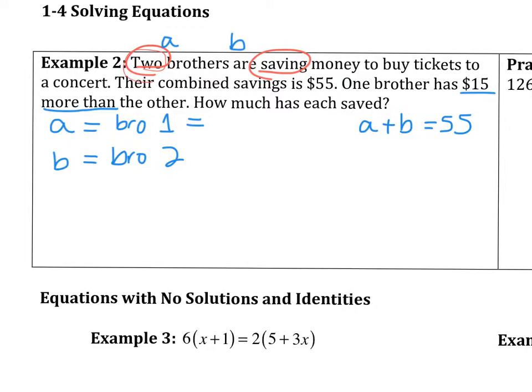All right, so here, if I take brother 2 amount of money and add 15 to it, that is how much brother 1 has. So notice here, I can actually substitute. I'm going to erase the A and replace it with B plus 15.